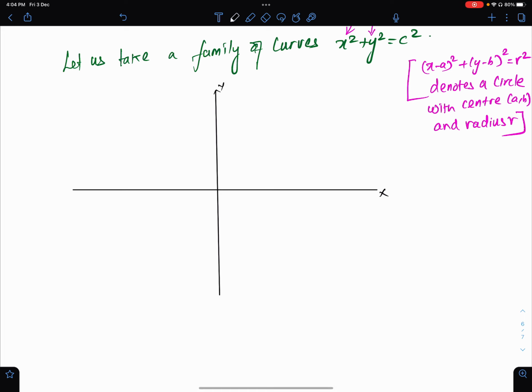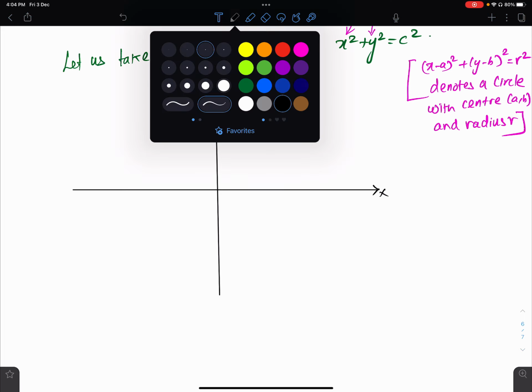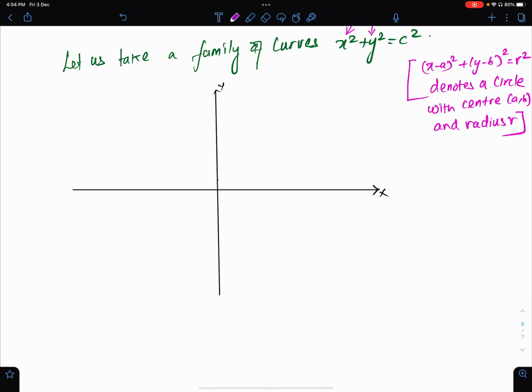First I draw a small circle. So this is one circle. Because when you change the value of c, you get a different circle.